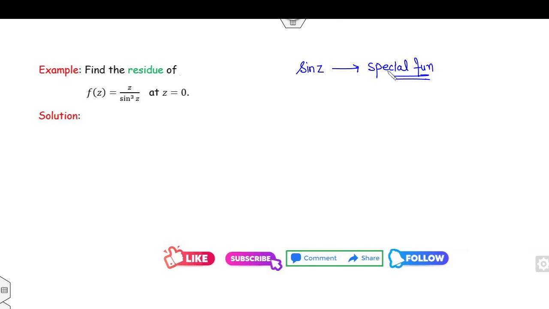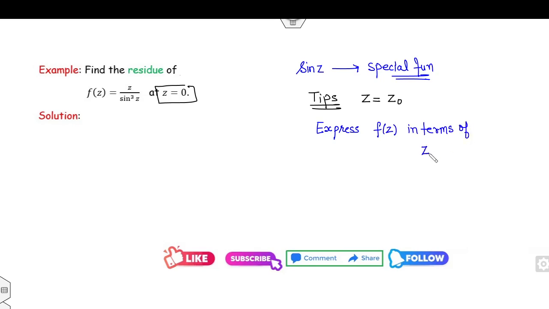Now, whenever you are using special functions, always remember, whatever point is given to you, say z is equal to z naught, your target is to express the given function f of z in terms of z minus z naught. In this particular example, z minus z naught is similar to z, so you can write the function as z minus z naught divided by sine cube of z minus 0.